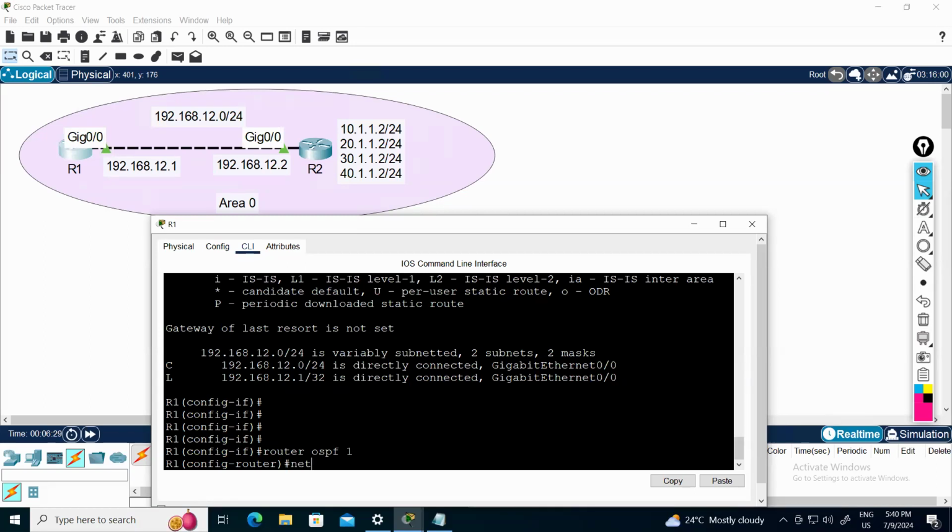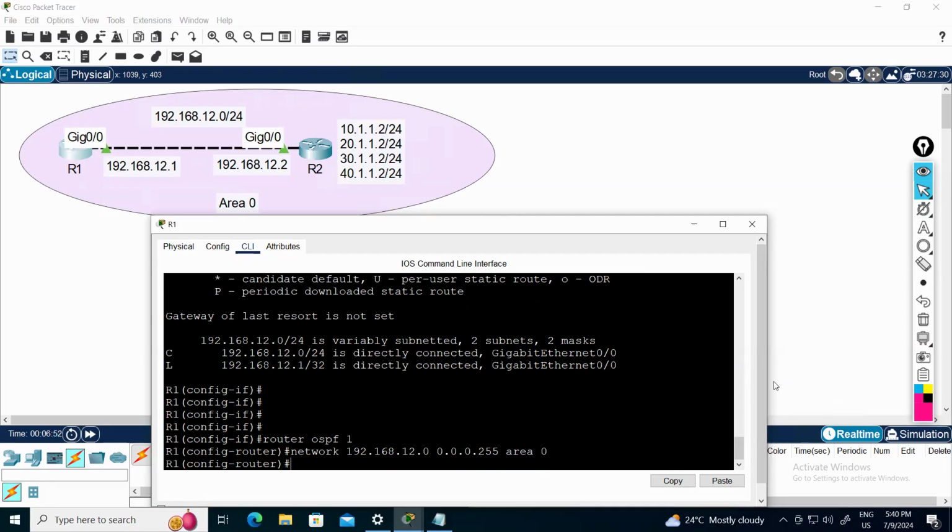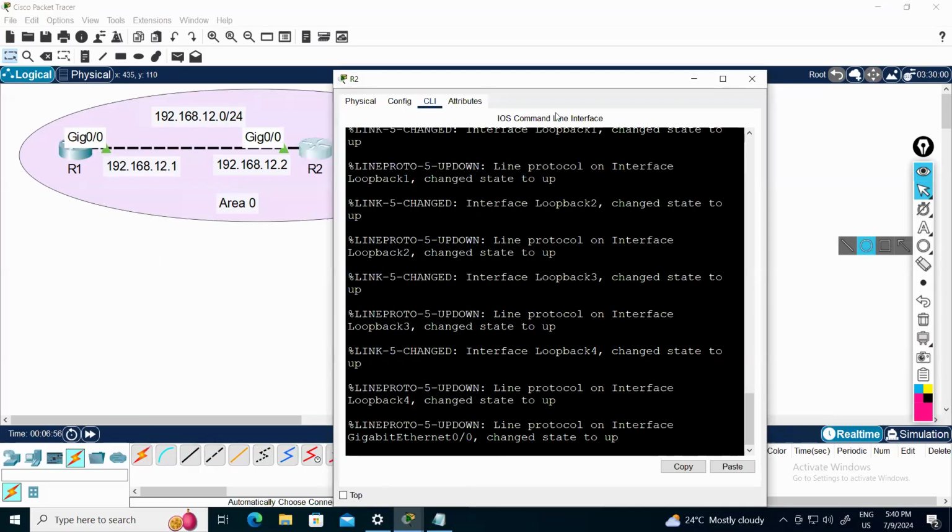So directly I'll give network. Directly connected 12.0, we can see with the C code that we have 12.0, subnet mask /24. This will be the wildcard, area ID 0. This is your worst case configuration done. Now let's go to R2.